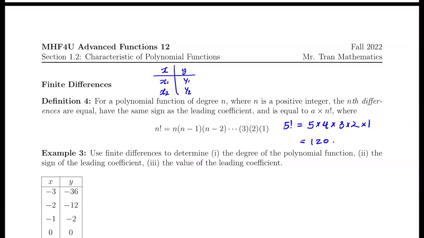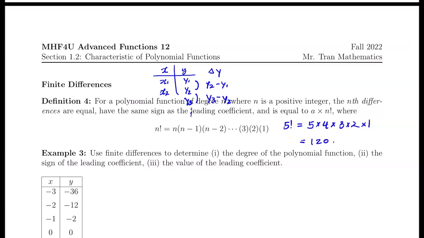The first difference, delta y, is simply going to be y2 minus y1 for between these two rows. And then if we have a y3, the finite difference would be y3 minus y2, and so on.